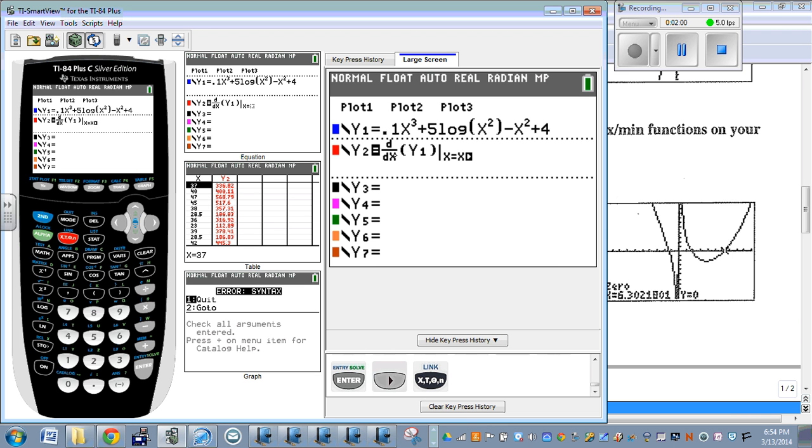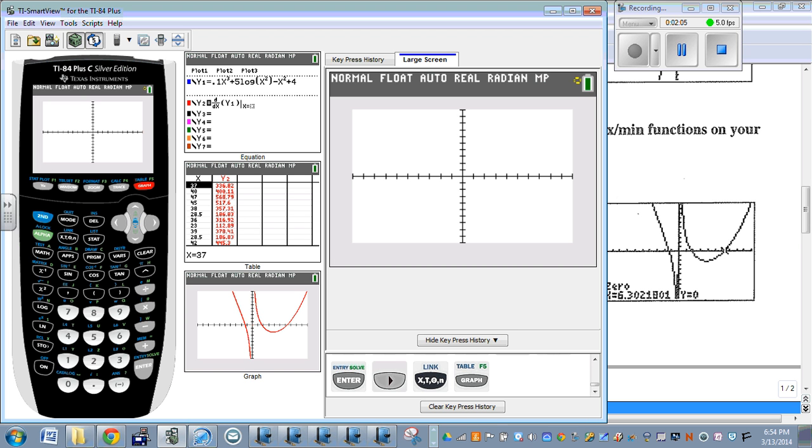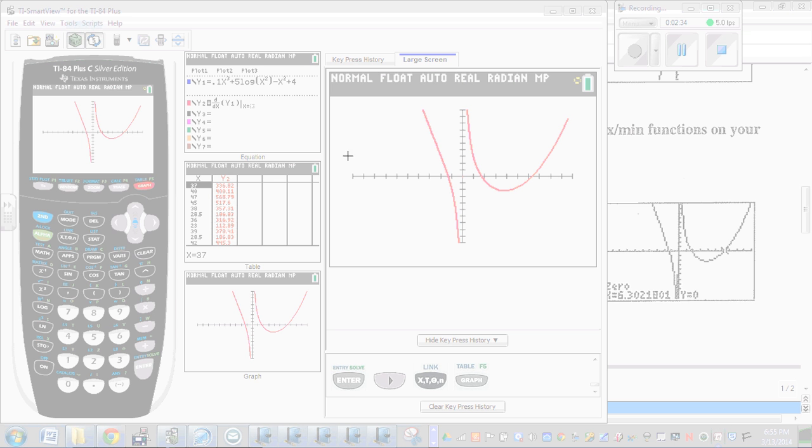All I'm looking at is the derivative of that graph. Alright, so this is our graph here.